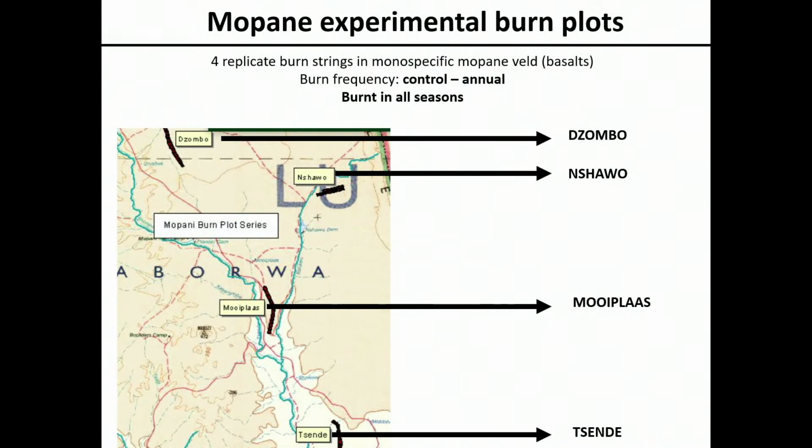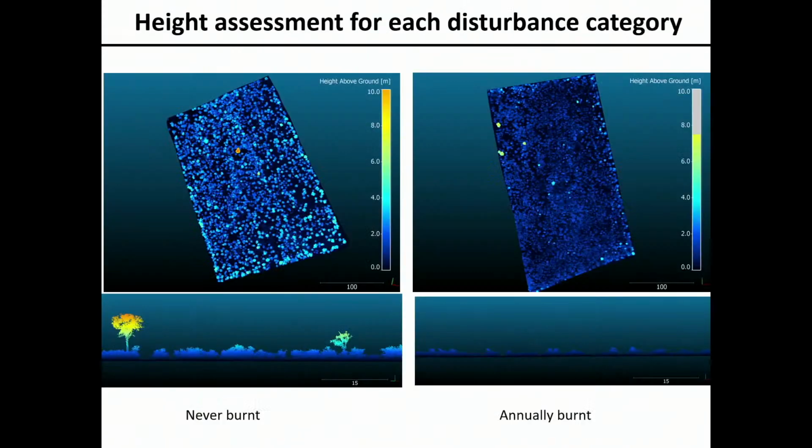The burn frequency varies between a control, which was generally very low burn frequencies, all the way through to annual. And we've got this huge variety in burn season. So that allows us to start teasing apart the levels of burn frequency and intensity, and what's this threshold of disturbance that causes this transition between the two.